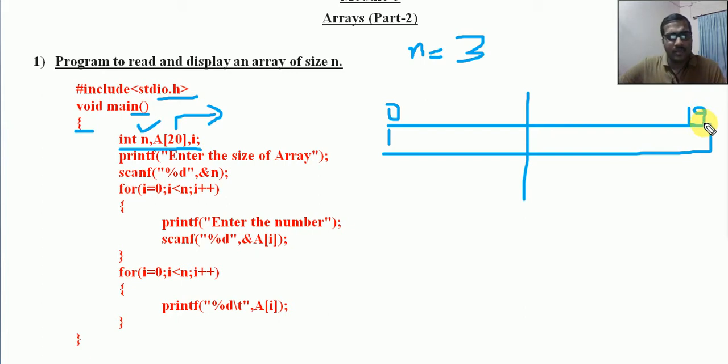But that is only during declaration, where we are simply reserving some memory locations. But actually in my program I require only reading 3 elements and displaying 3 elements, or in some other situation it can be 10 elements, read them and display those 10 elements.